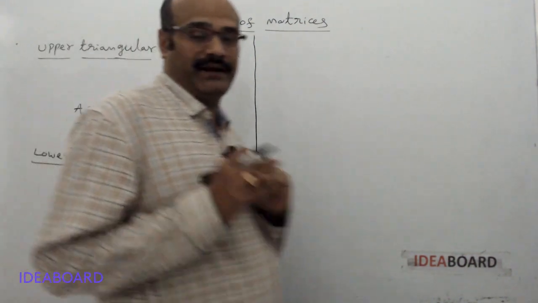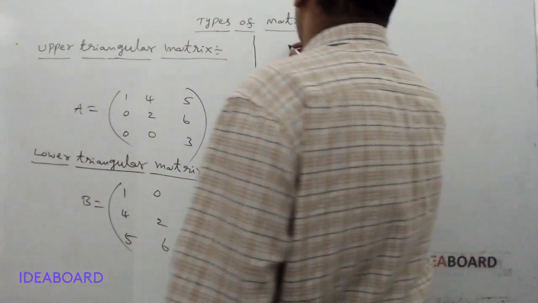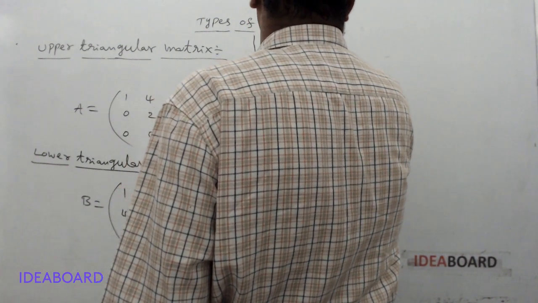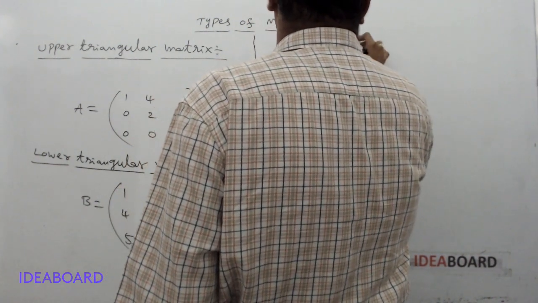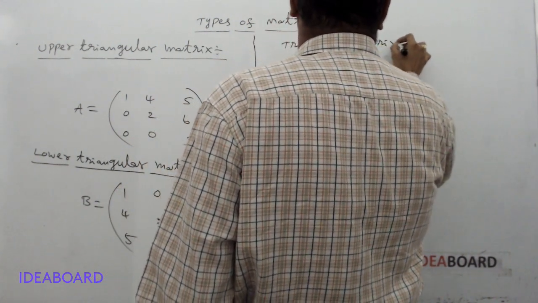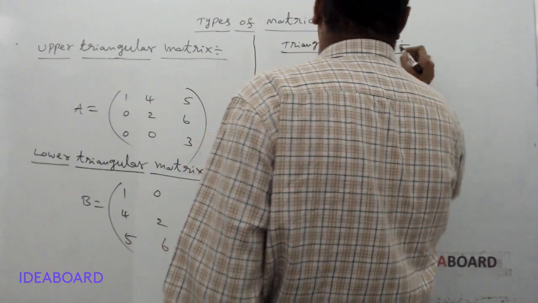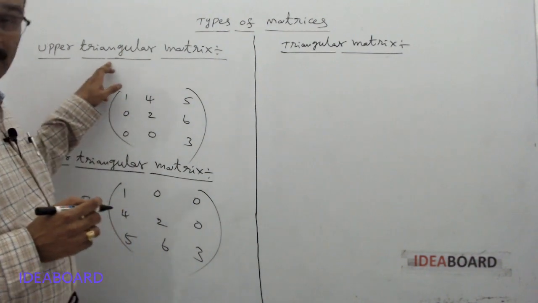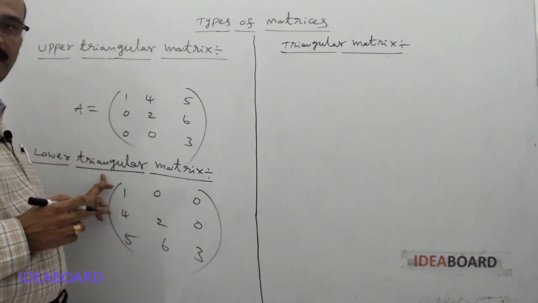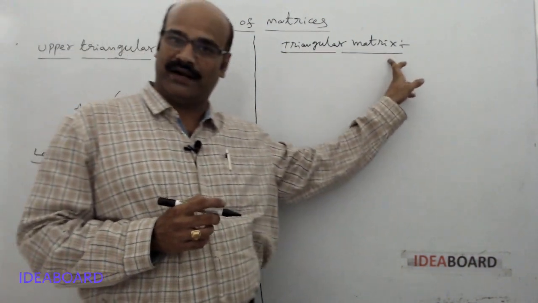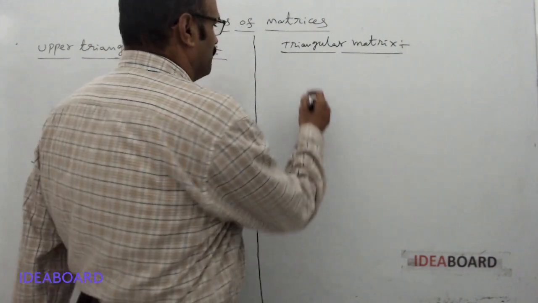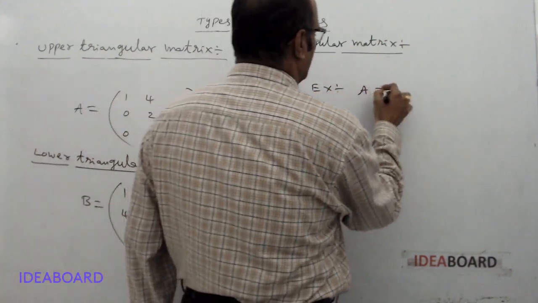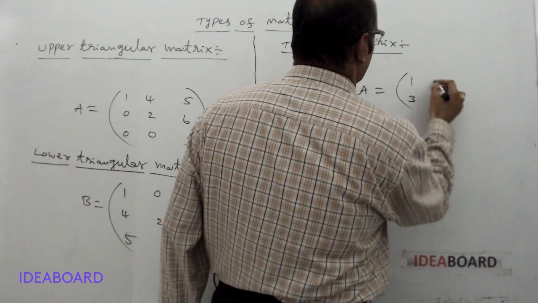Now, triangular matrix. A matrix which is either an upper triangular matrix or a lower triangular matrix is said to be a triangular matrix. Example, A equal to 1, 2, 3, 0.